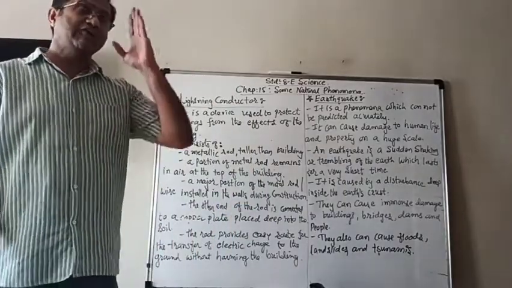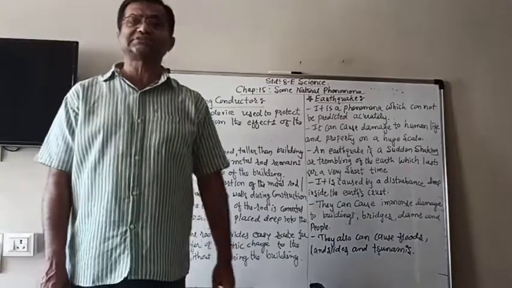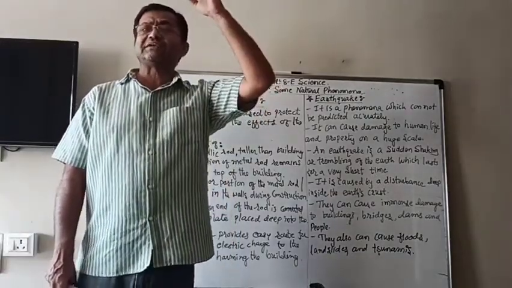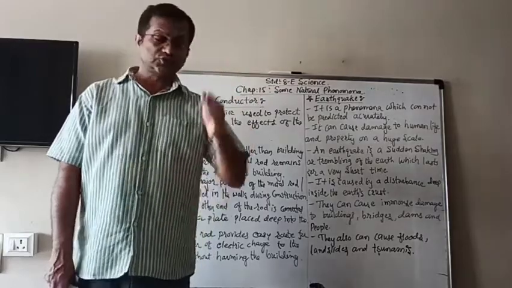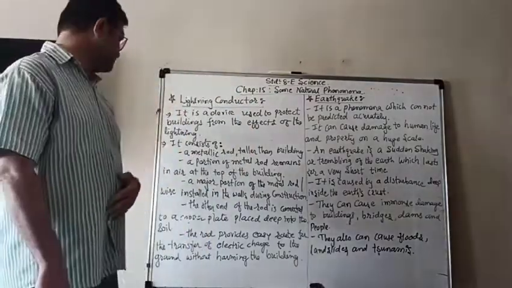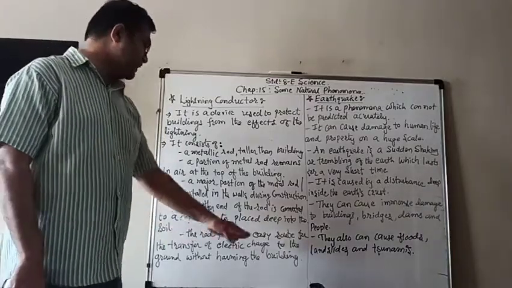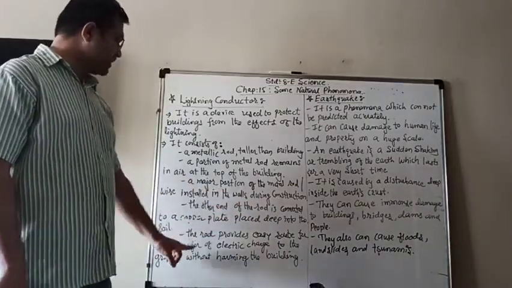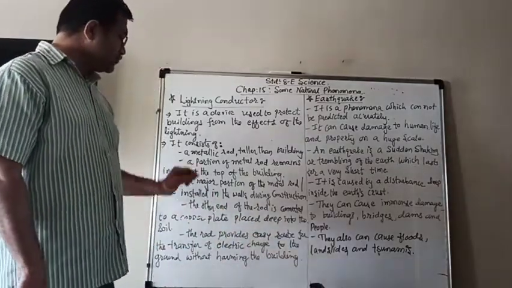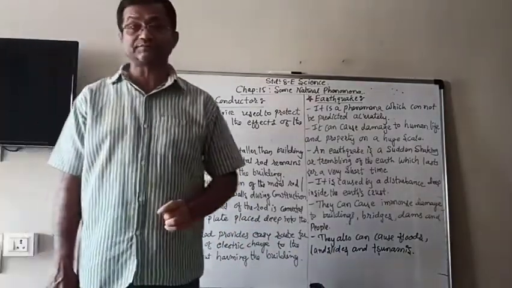So whenever lightning strikes, the charges get an easier route into the earth directly without damaging the building. The rod provides an easy route for the transfer of electric charge to the ground without harming the building.